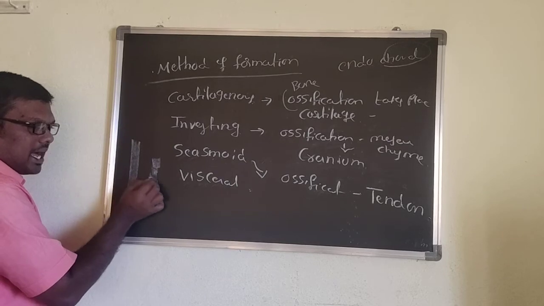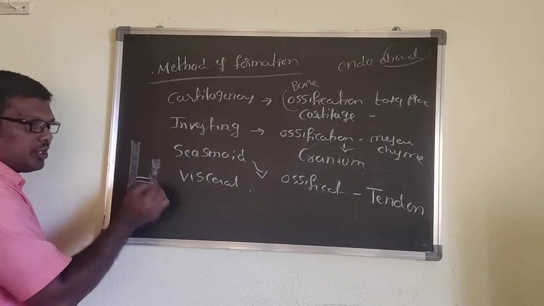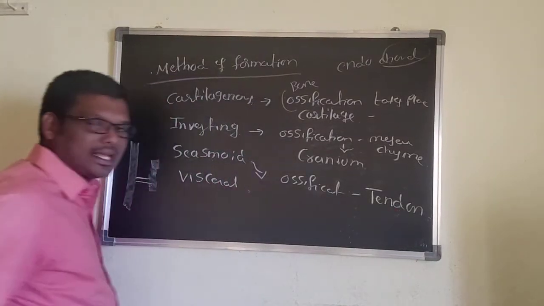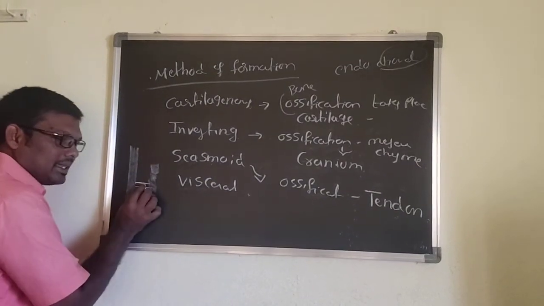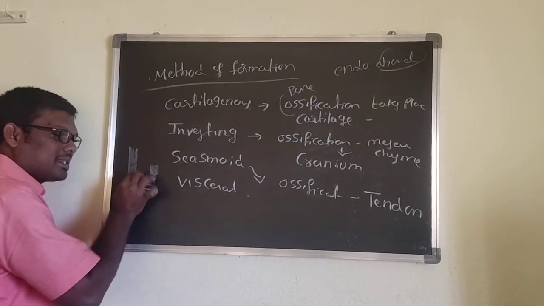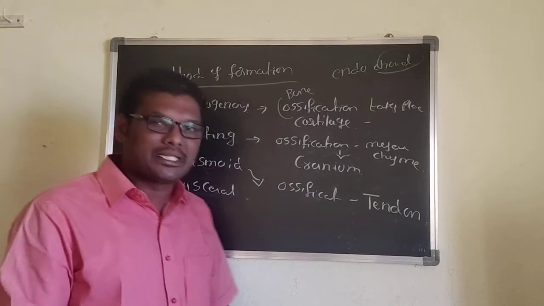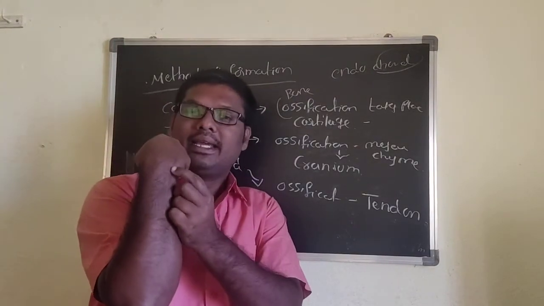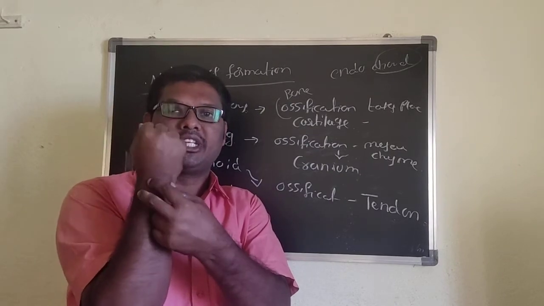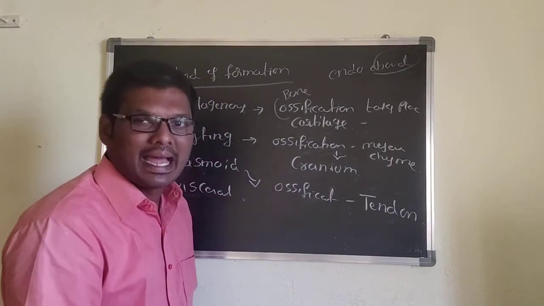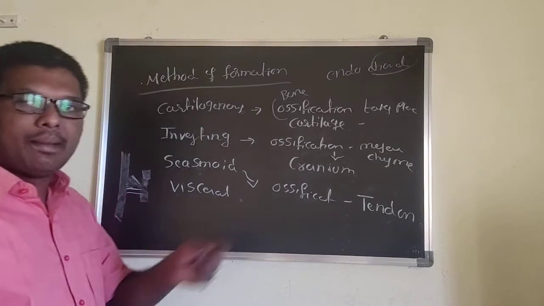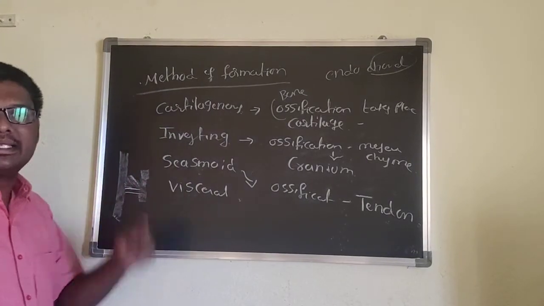The bone is attached to the muscle by a connective tissue called the tendon. Here the ossification takes place in the tendon, and that type of bone is called a sesamoid bone. The best examples are the pisiform bone in the wrist region and the patella, the kneecap.